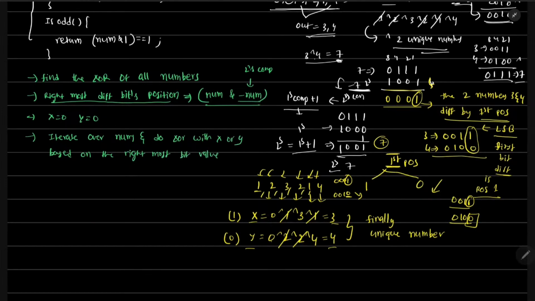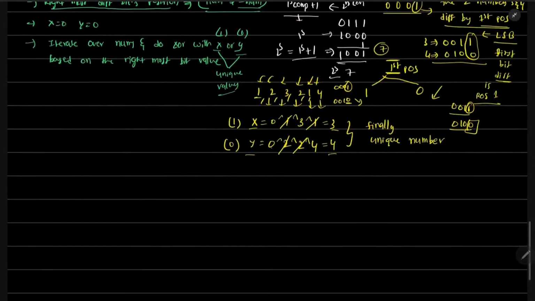If it is 1, you go with x. If it is 0, you go with y, right? At last, x and y will contain the unique values. Return them. So simple. Let's write code for it in C++.